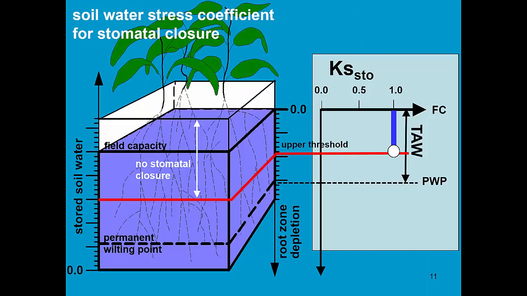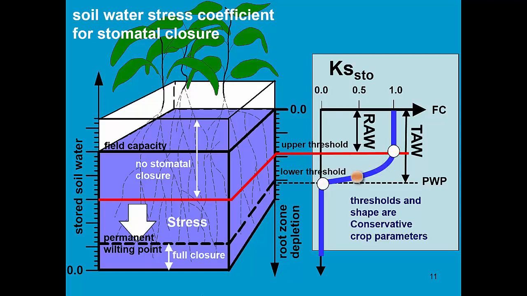When the soil water content in the root zone drops below a threshold, which is a crop characteristic, a conservative crop parameter, given here by the red line, then water stress will develop. And it becomes complete when permanent wilting point is reached.